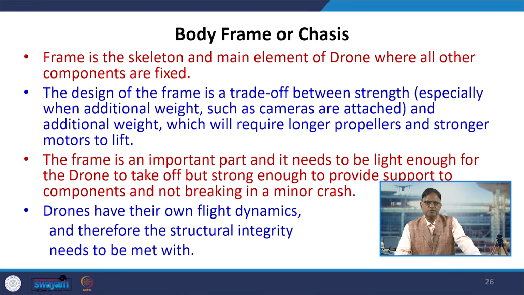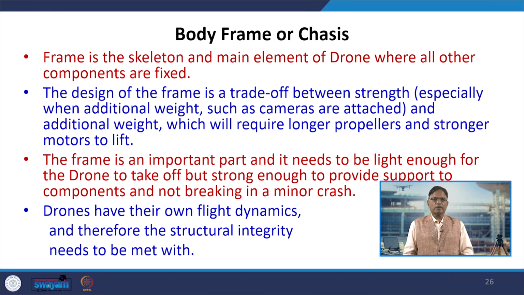The frame needs to be light enough because the drone is taking off, and it should also be strong enough to support the components mounted on it. It should not break in a minor crash, because then it will damage all other components.